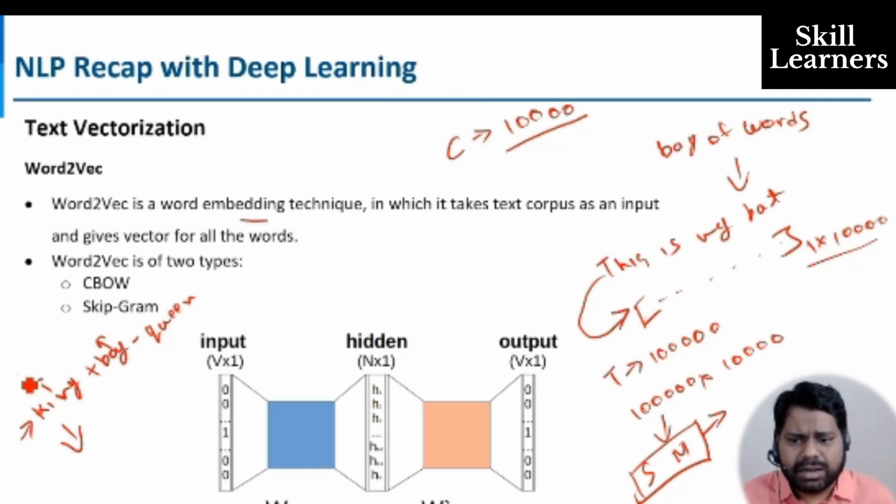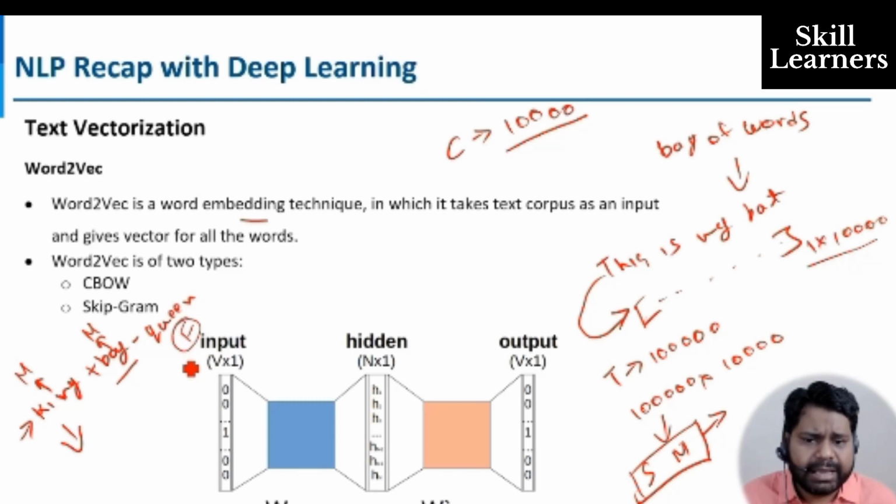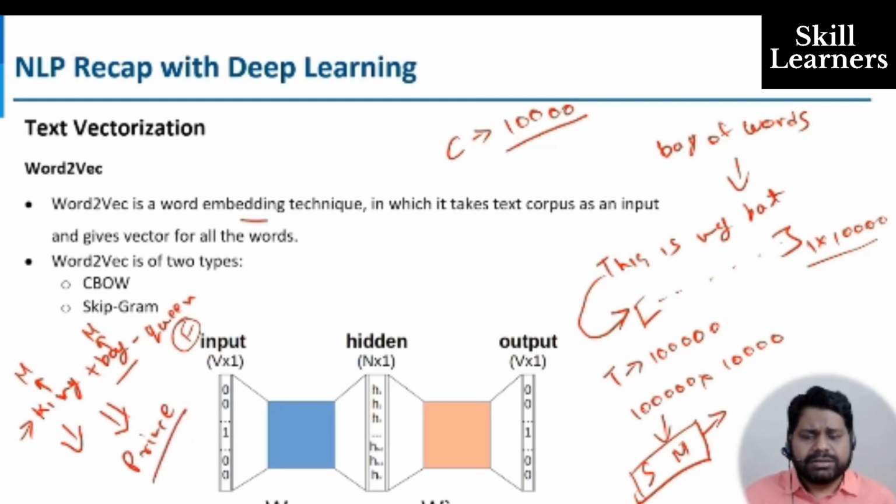Since this is male and this is male, and minus queen means this person is not female, predominantly we can say that he is a prince. This is the way word2vec works. There are two types of word2vec available: one is CBOW, continuous bag of words, and the other is skip-gram word2vec.